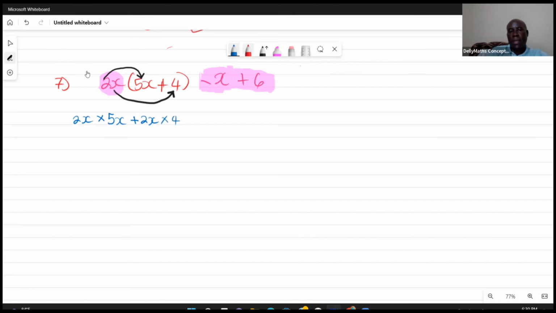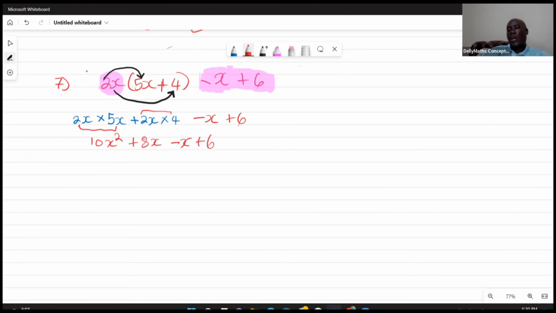And then I'm going to put back these in red. There was a minus x and a positive 6. Now let's finalize these. These and this, they will be multiplying. So this is 10x to the second power, positive 8x, then there's a minus x and a positive 6.